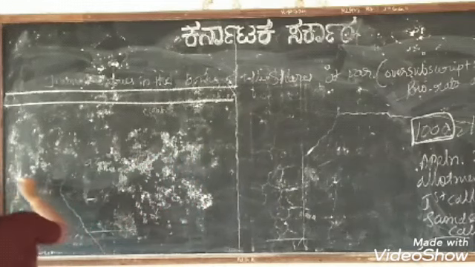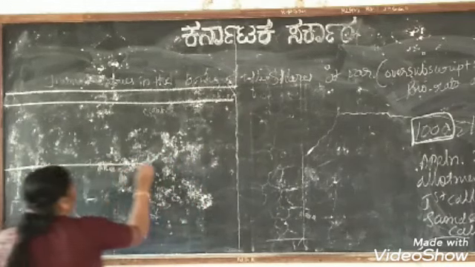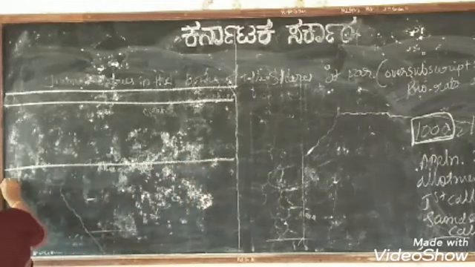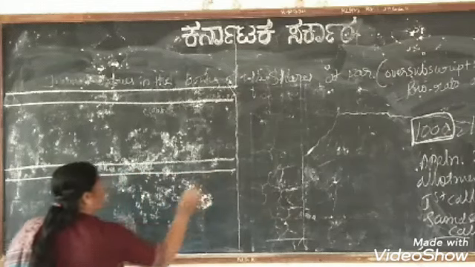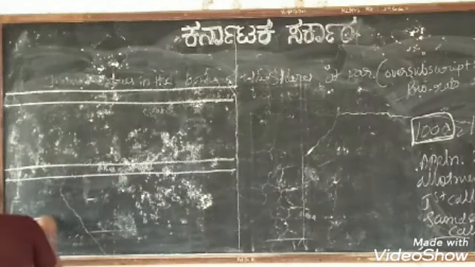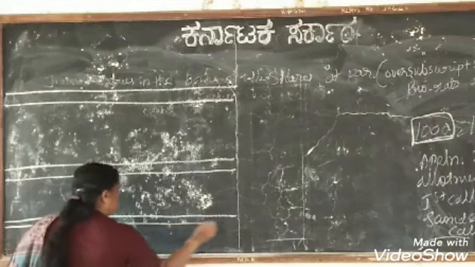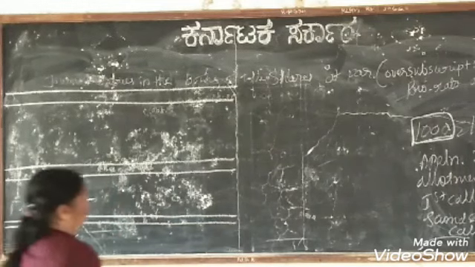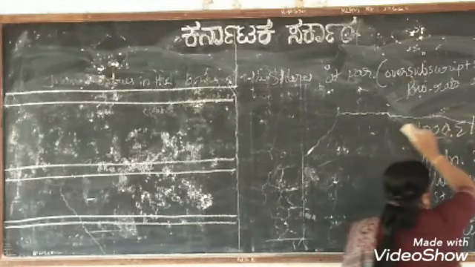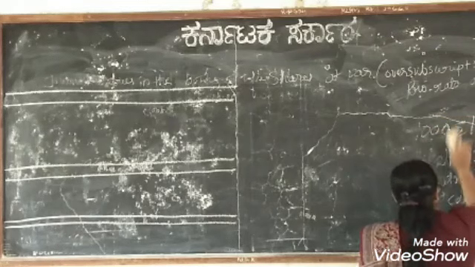Then you open the capital account. Then you can open the share application account. For application and all this, two lines are enough.